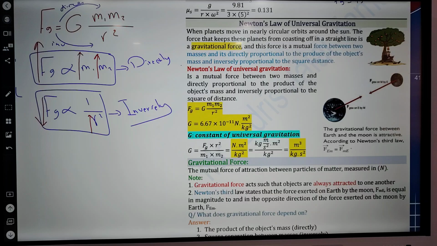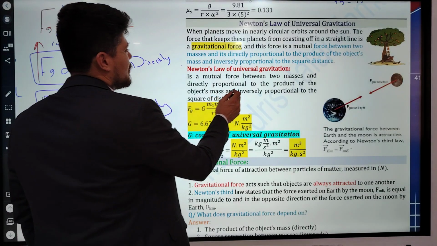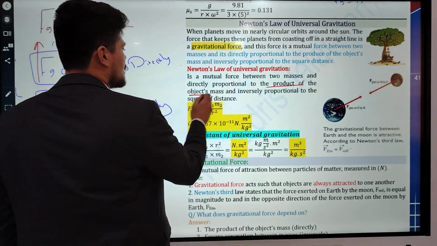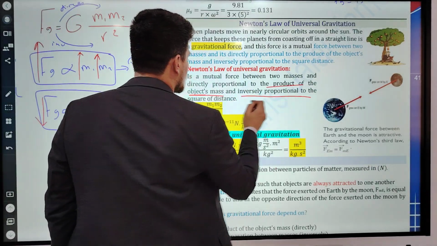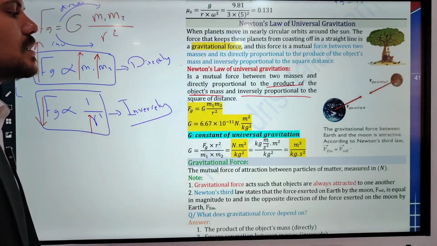Not only between huge masses, but between any two masses, even an electron and a proton. It is directly proportional to what? The product of the objects' masses, and inversely proportional to the square of the distance.